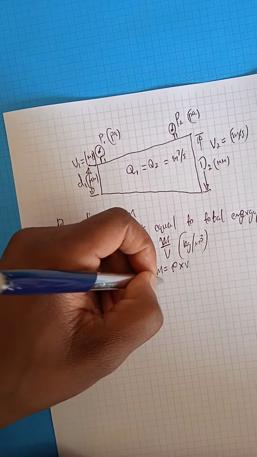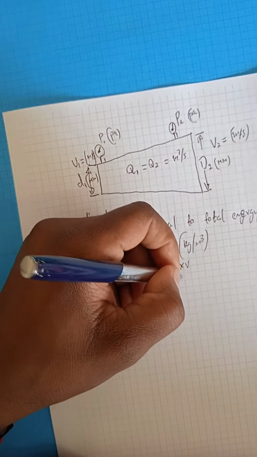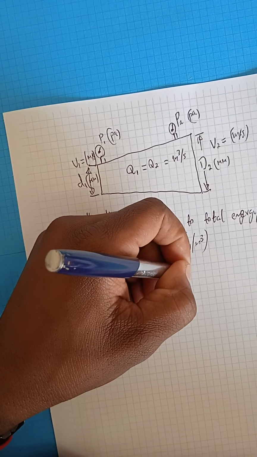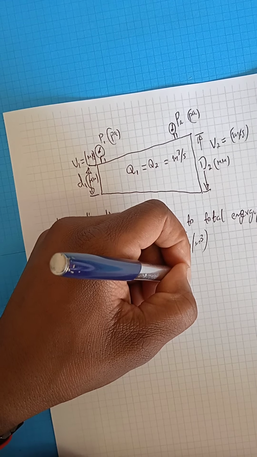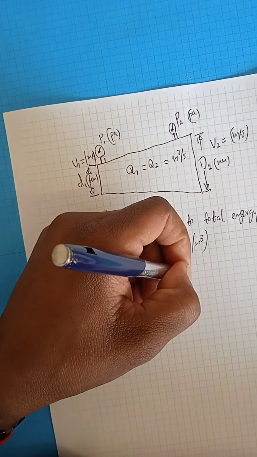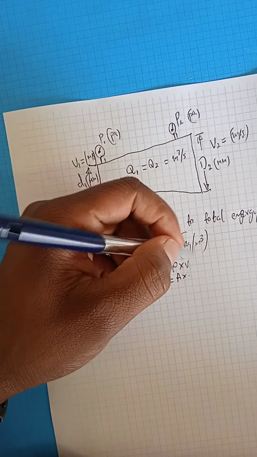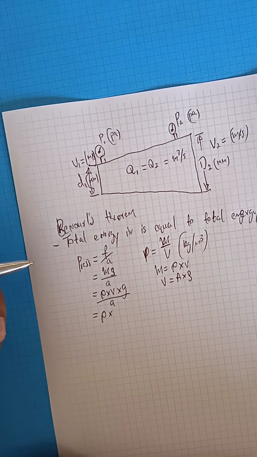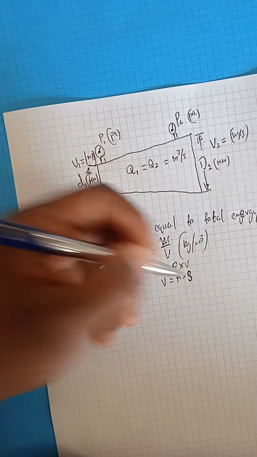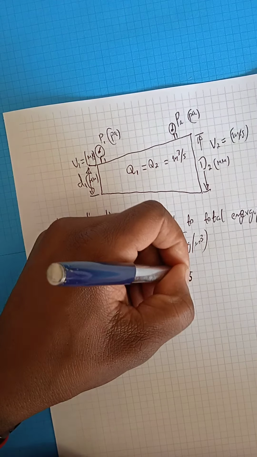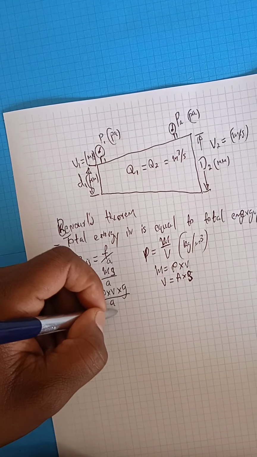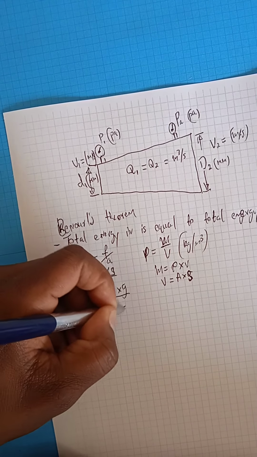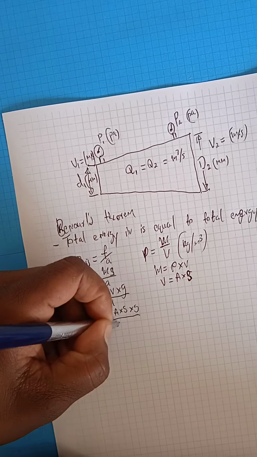where we see our volume, we say volume is equal to area multiplied by the distance. We can say distance, which can be S or h, it's up to us. Therefore, volume is area multiplied by distance, multiplied by g, divided by area.